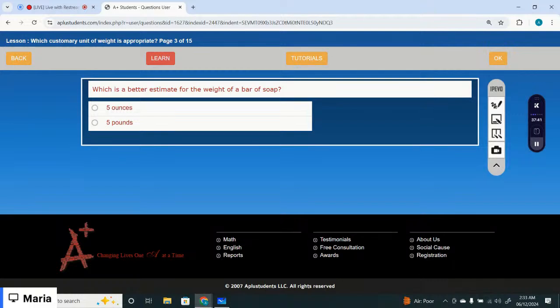Which is a better estimate for the weight of a bar of soap? So, which is the correct option?